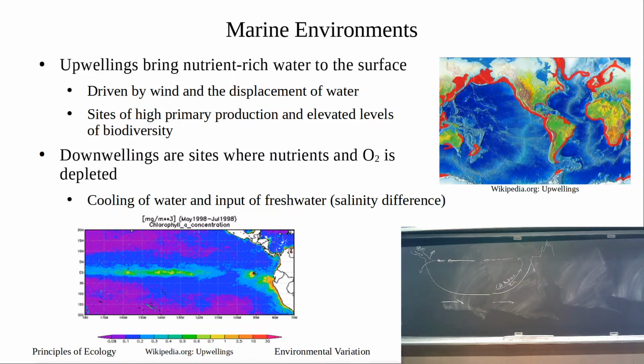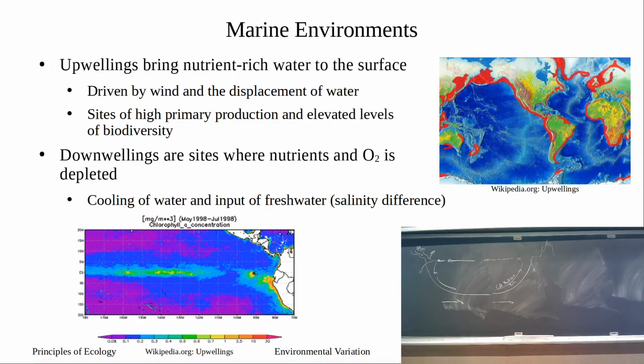We have a huge freshwater input going in there, bringing in nutrients, and that difference in salinity is going to start causing water to move downward in a downwelling. Also, as the water cools, you increase your density. That also helps promote these downwellings.